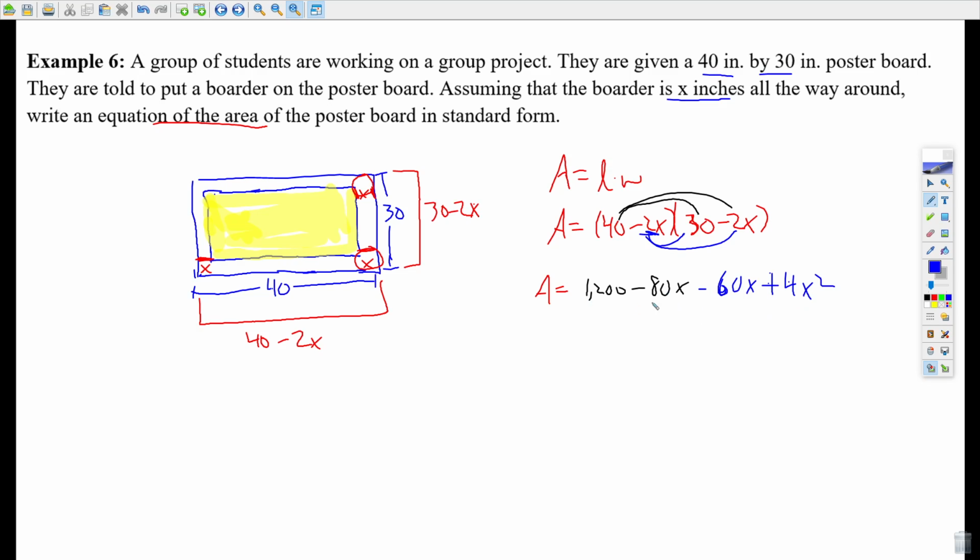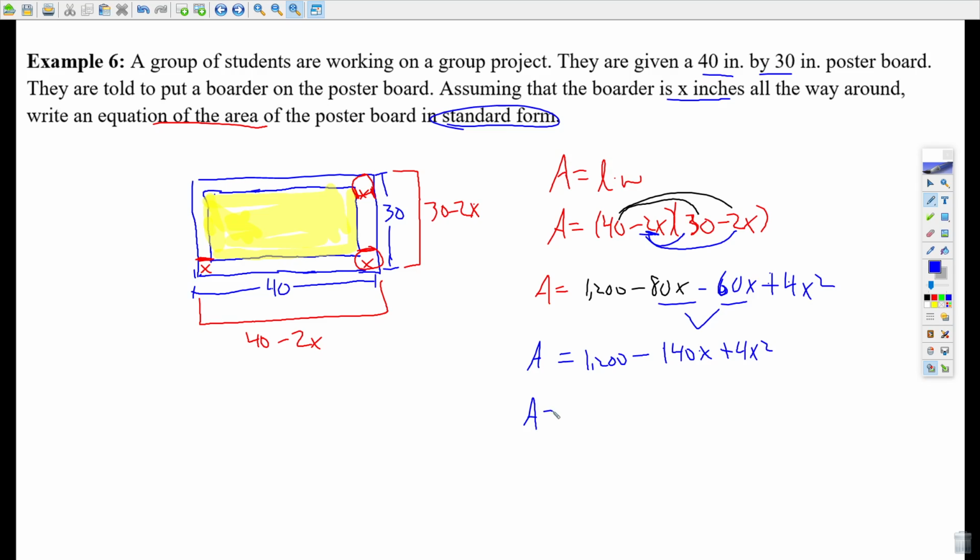Again, the only thing we can do is combine these middle terms here, which happens pretty often. We will get negative 140x plus 4x squared plus 1200. And lastly, we just have to reorder this and make it into standard form because it does say put it in standard form.